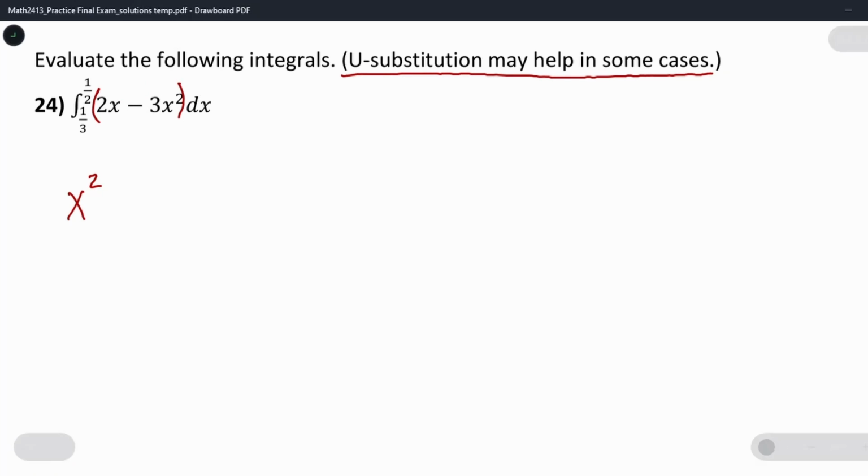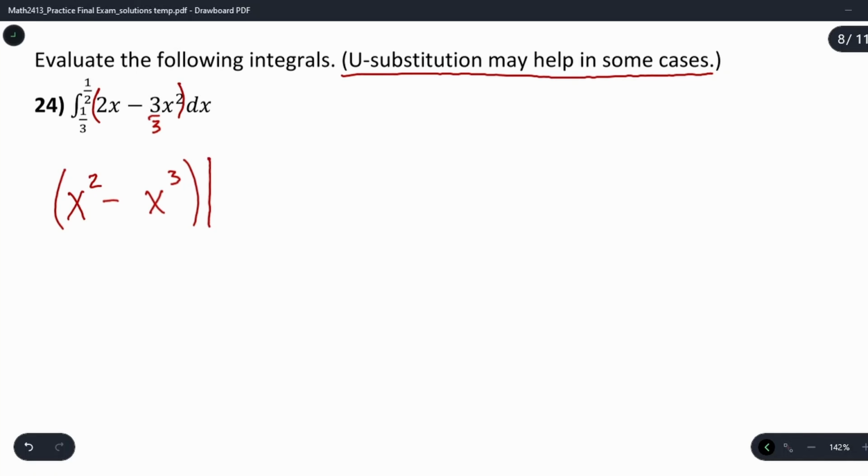And then for the next term, that's going to be negative. Adding 1 to 2 gives us x cubed. Dividing the coefficient by the new exponent gives us just a 1. And then this antiderivative needs to be evaluated from 1/3 to 1/2.